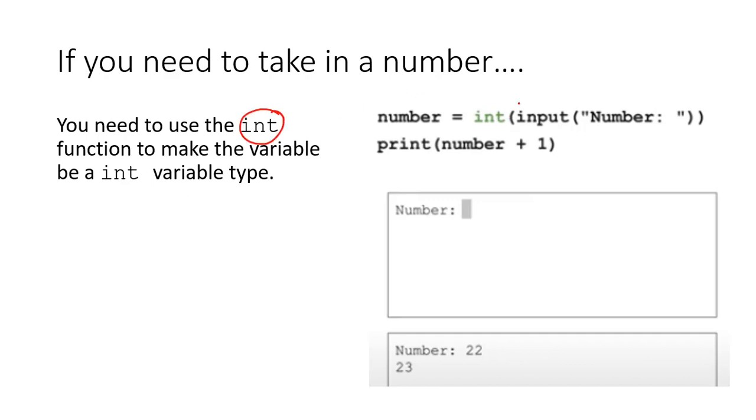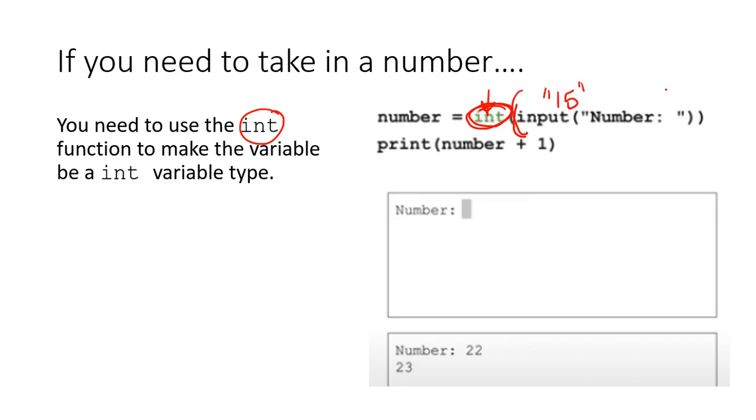int variable type. So right here, I've got number equals int. Notice this is me using the int function, and then I put that around input number. Now, what's happening here? They are going to type in a number, let's say 15. It would be a string, 15, coming from the input.